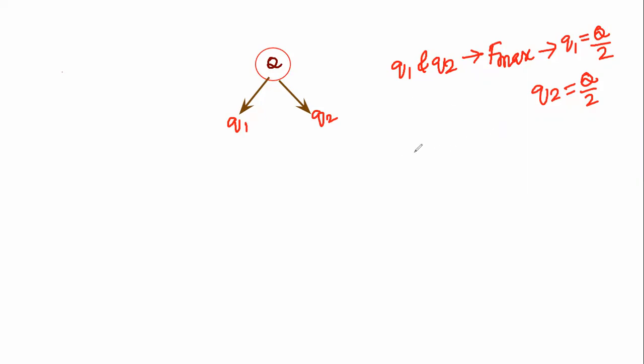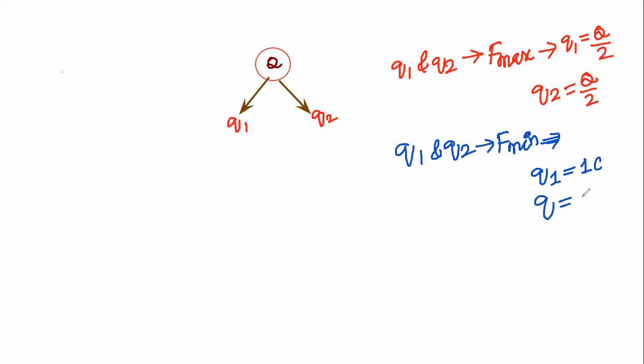And to get the minimum force between q1 and q2, whenever you take q1 equal to 1 coulomb and q2 equal to Q minus 1 coulomb.